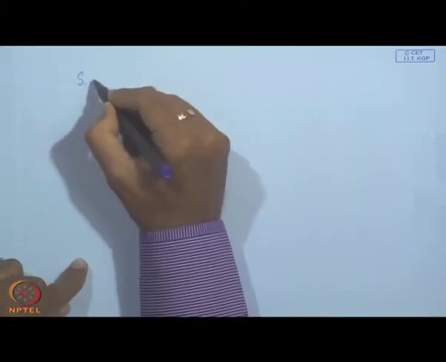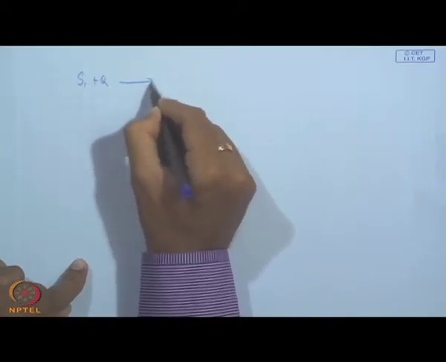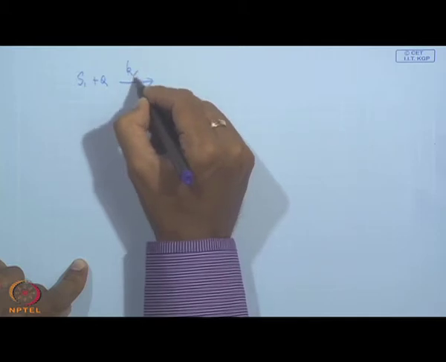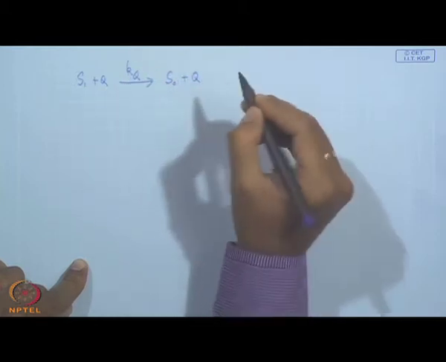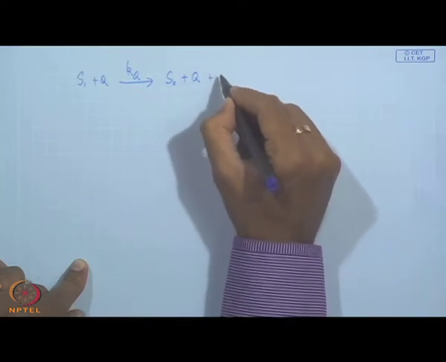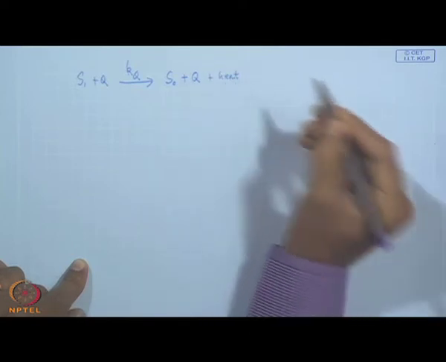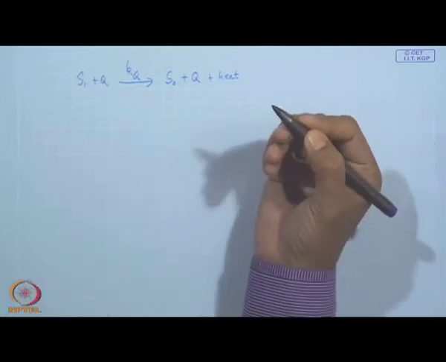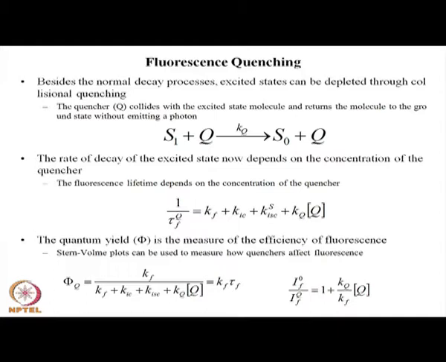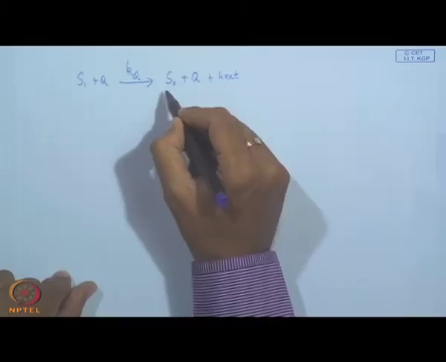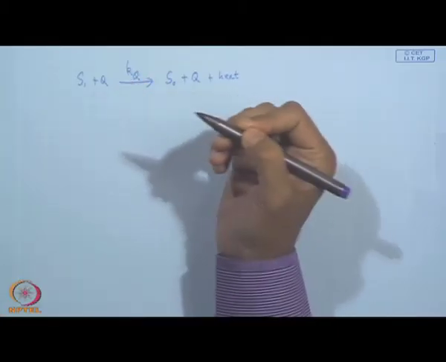We need two things: the excited S1 plus the quencher, with rate constant Kq, gives S0 plus the quencher back plus maybe heat energy. That means it comes back to the ground state by collision.